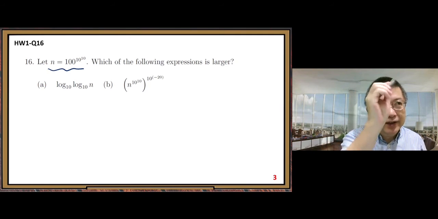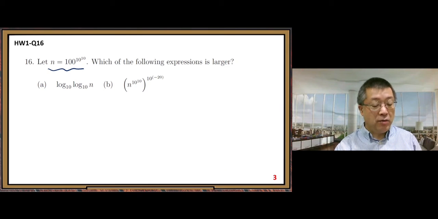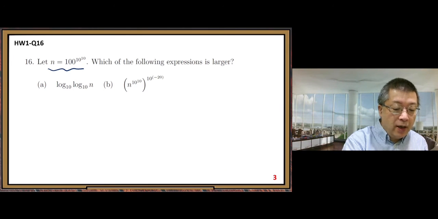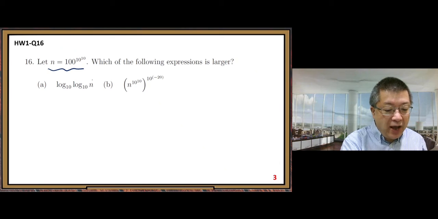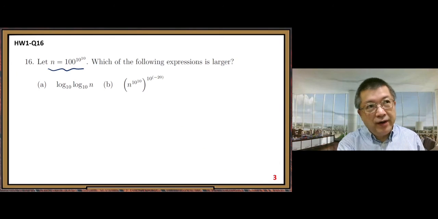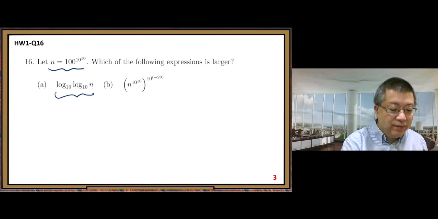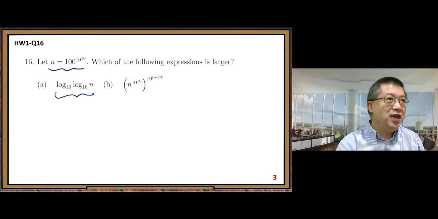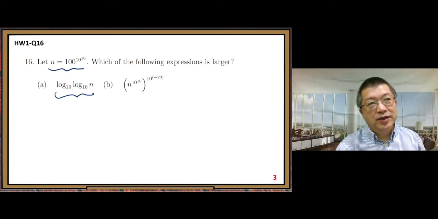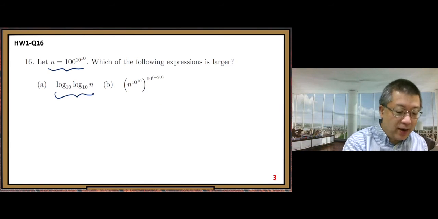So it's a very large number. Then log base 10, another level, log base 10 of n. Although you can do it step by step, okay? So it should not be that complicated.